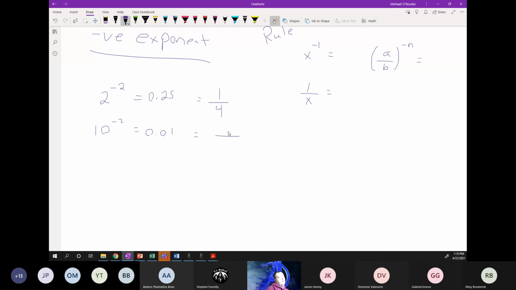Do you know what that is as a fraction? 1/100th, or yeah, 1/100. Good. Okay. Can anyone see a connection between these two?